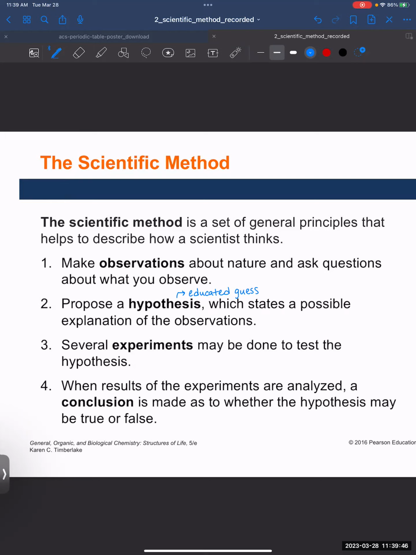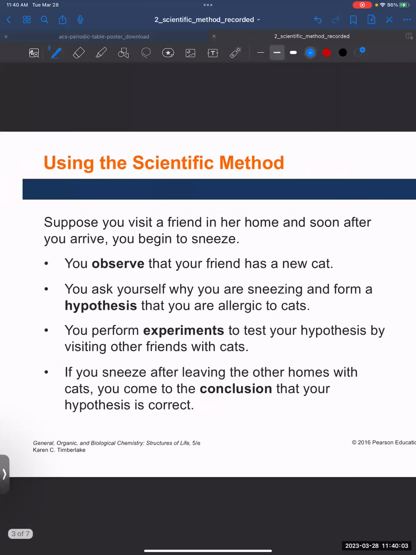And then you will design several experiments in order to test your hypothesis. And when the results of those experiments are analyzed, a conclusion is made as to whether the hypothesis may be true or false. So let's go through an example that maybe you would come across in your everyday life, which actually happened to me when I was in second grade.